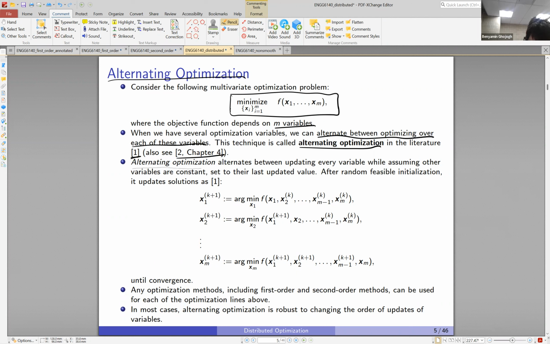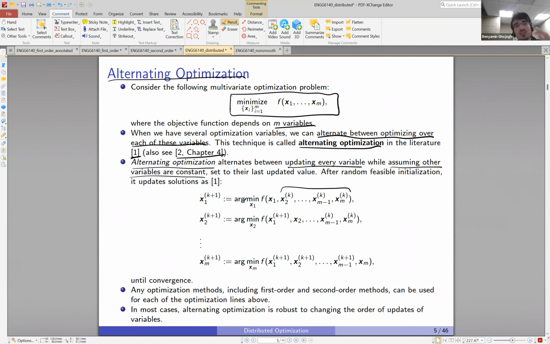So alternating optimization, what does it do? It alternates between updating every variable, while assuming the other variables are constant. See here, for example, you minimize function f with respect to x1, but the other variables are considered constant, because this optimization problem in this line is just with respect to x1.